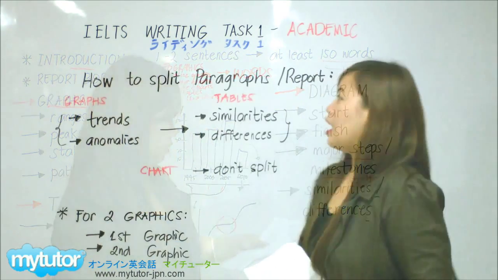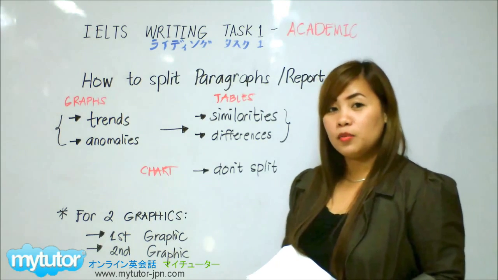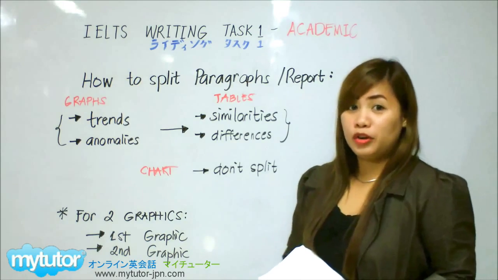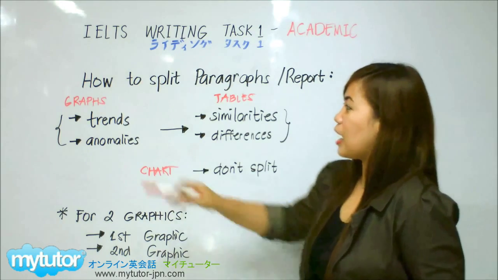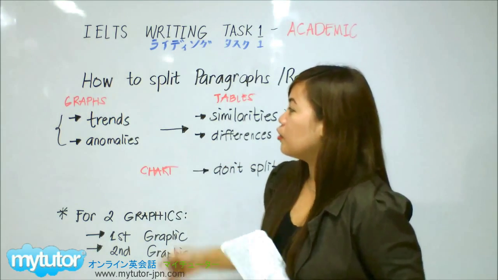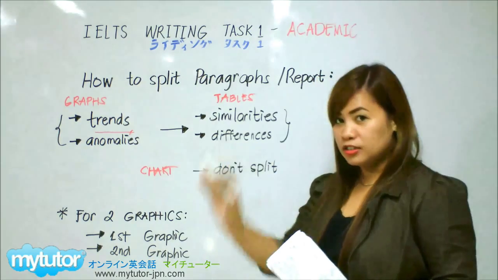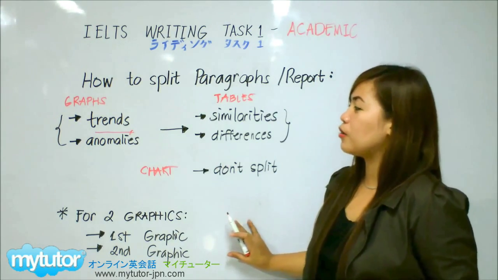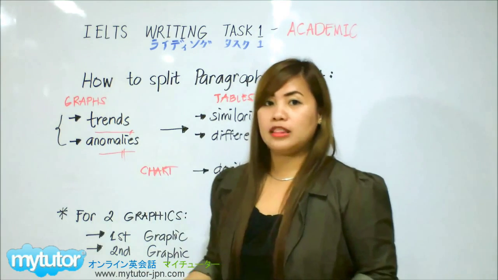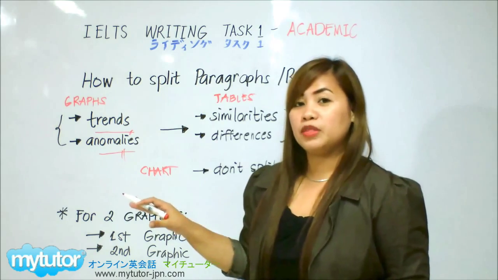Okay, so how to split paragraphs of the report. For the body, we can split it into two, depending on whatever you're given. First, the graphs. In the first paragraph, you can write all the trends, the similar patterns, summarized into one paragraph. In the second paragraph, you go more detailed on the anomalies or the exceptions, something that went out of the pattern.